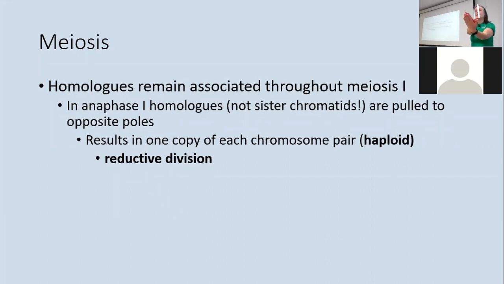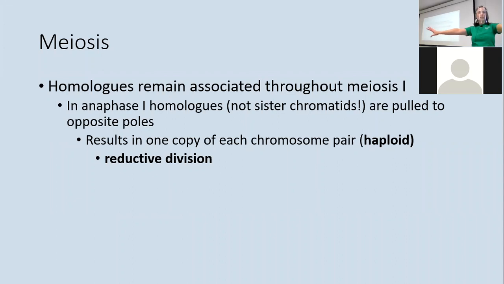In anaphase I, the X's come apart and go to opposite sides. Remember in mitosis and anaphase, we pulled the X's in half and sent half to each side. So I send my maternal X over here and my paternal X over here.